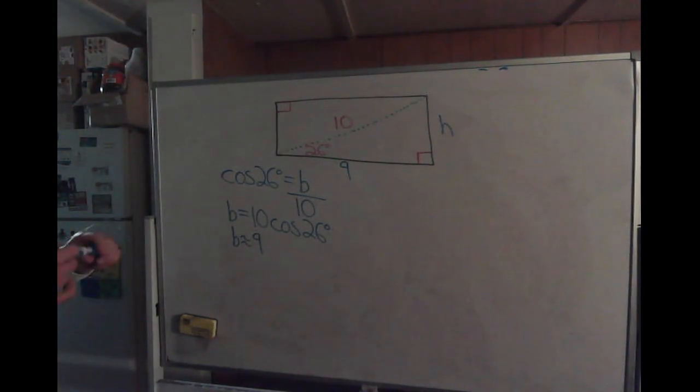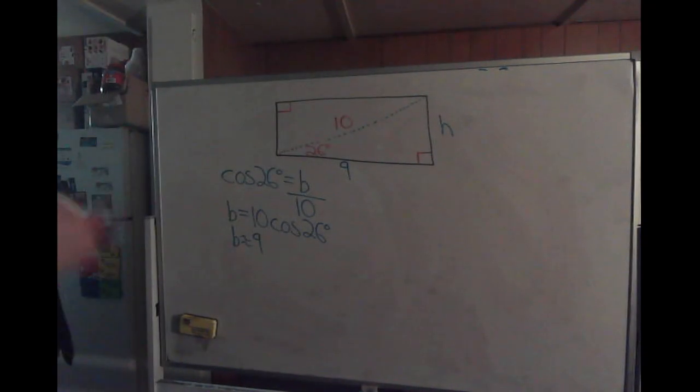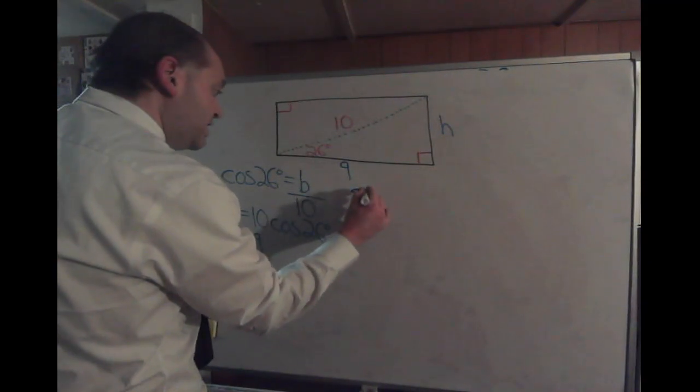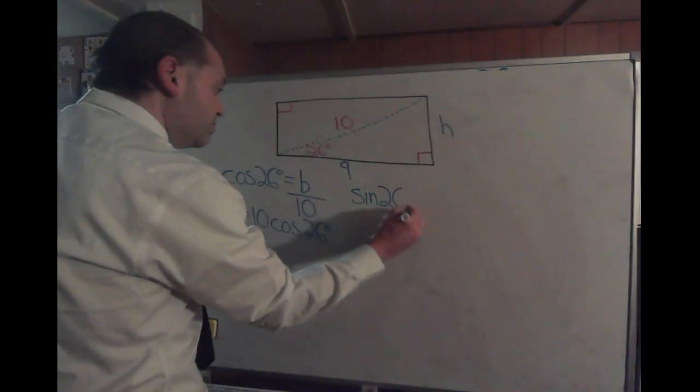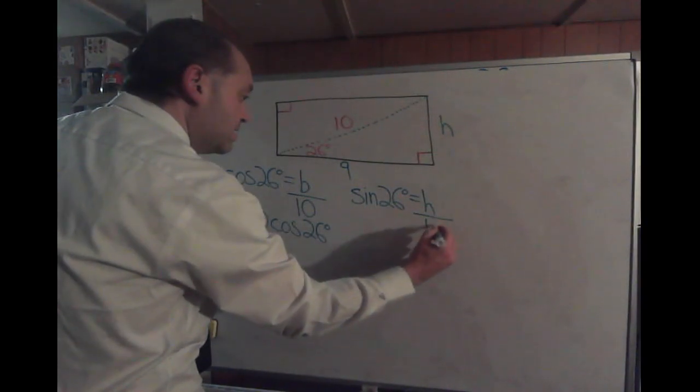Now I just need to find the height. How am I going to find the height? You have the opposite side over the hypotenuse. That's the sine ratio. So you would set up your sine of 26 degrees ratio. That's going to be equal to your height h over 10.